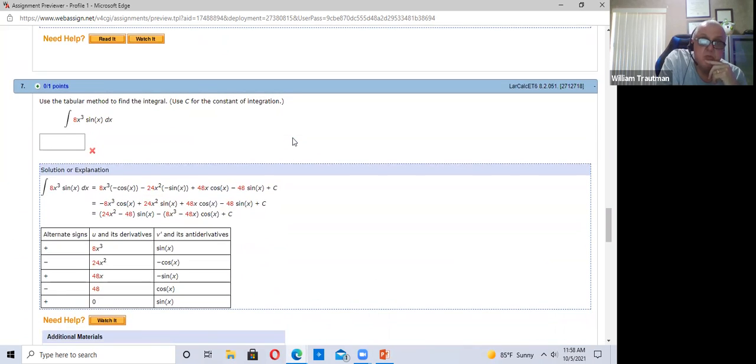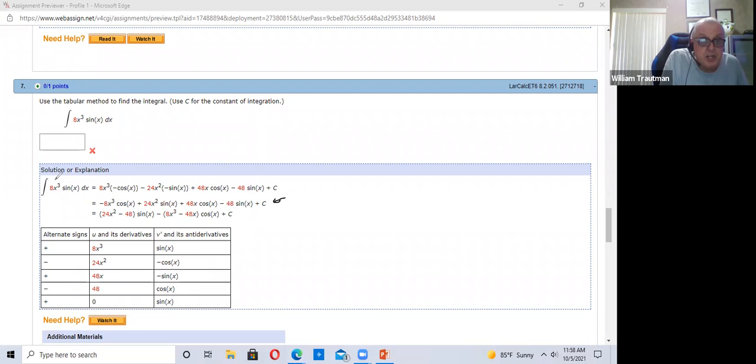This is another tabular method, and some people just say blow off the tabular method. Don't blow it off. Definitely try it. I've noticed that some people who try it a few times start liking it a lot better. Look at this long answer that they create.